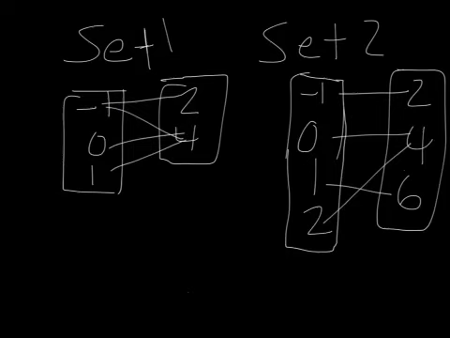On our right-hand side, we want to see if we have any two lines coming from one number. So we go from negative 1 to 2, that works out, 0 to 4, 1 to 6, and then we have 2 going to 4. So this works out. Note that we can have two values from our x side going to the same y value. We just can't have two lines coming out of the same number.